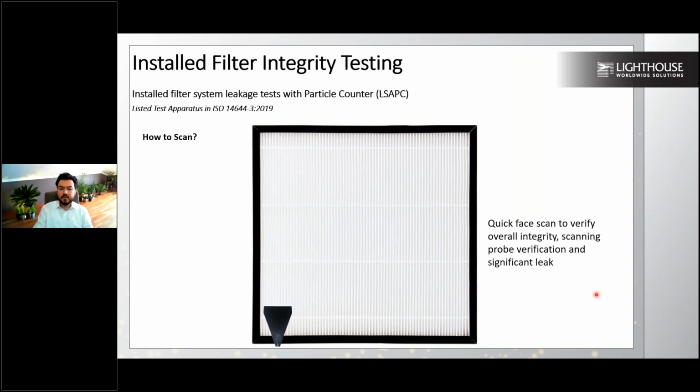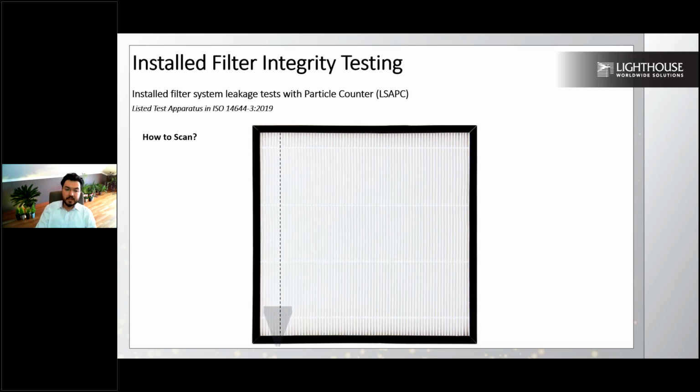In some cases, you have a very huge leak on the surface of your filter, and then you can identify it with this. You don't have to worry about scanning it at 5 centimeters per second. You already defined the leak point. After that, with this quick setup done, at 5 centimeters per second, you will start scanning your HEPA filter.